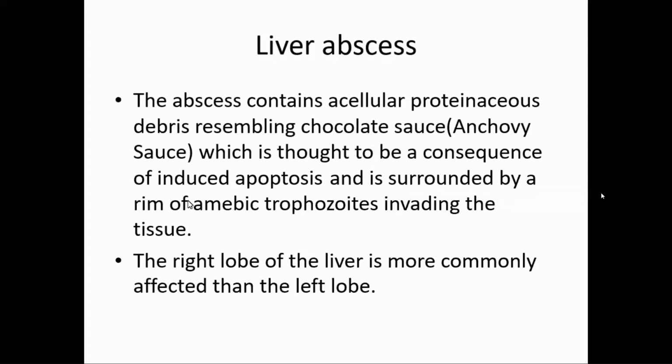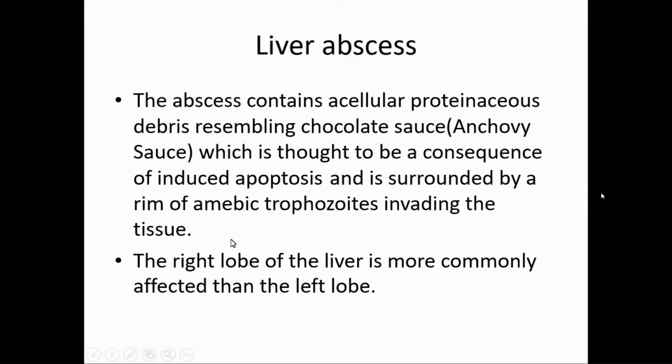This is formed by liquefactive necrosis, and the abscess is surrounded by a rim of amoebic trophozoites. So here also the trophozoites will be found in the wall of the abscess, not in the central pus, which is anchovy sauce or chocolate sauce like pus.